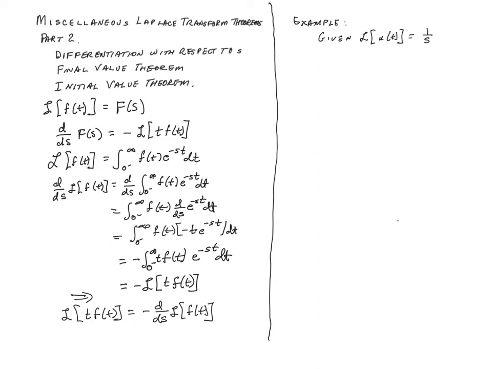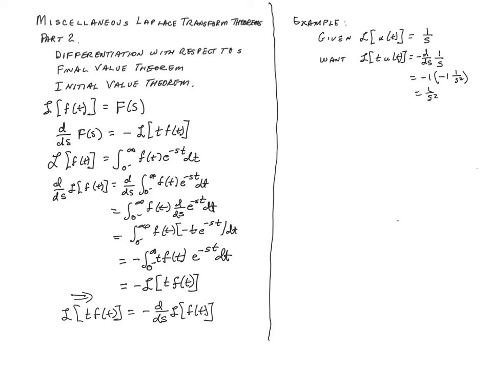Now we want to find the Laplace transform of t u of t. So this is minus d by ds of the Laplace transform of u of t, which is 1 by s. So this is minus 1 times minus 1 over s squared, which is 1 by s squared.